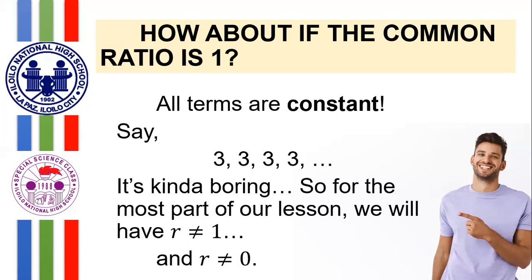And if you perform division, then you will get undefined results. So for our class, more often, we will set the common ratio as any real number, but not 0 and not 1 most of the time. I hope it's clear with us.